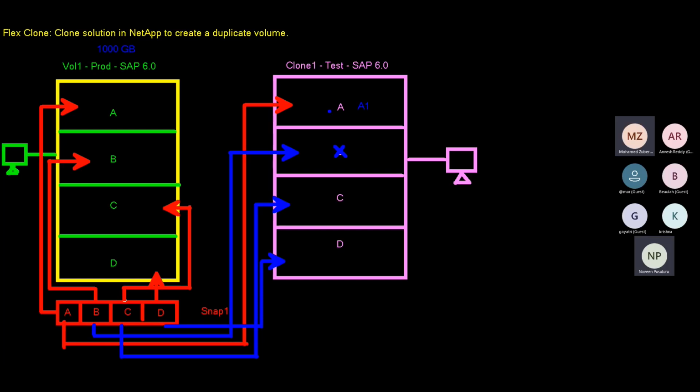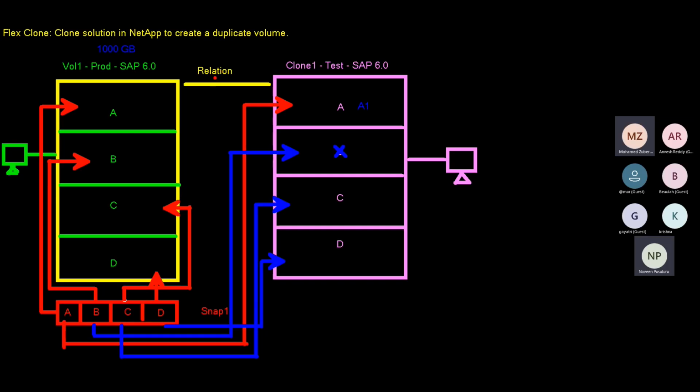Okay, but you can use the clone in a different way as well. You can split the relation between the clone and production volume. Now my clone and production volume are in relationship with each other, right?